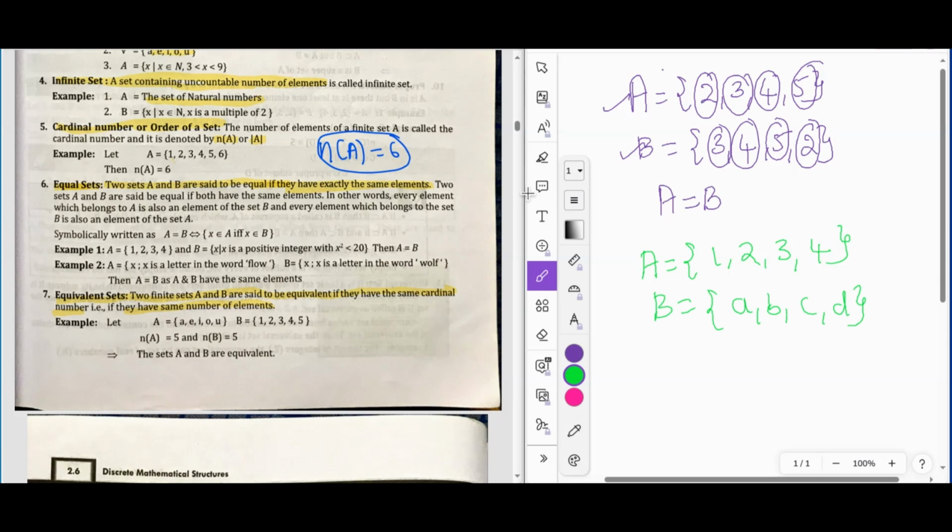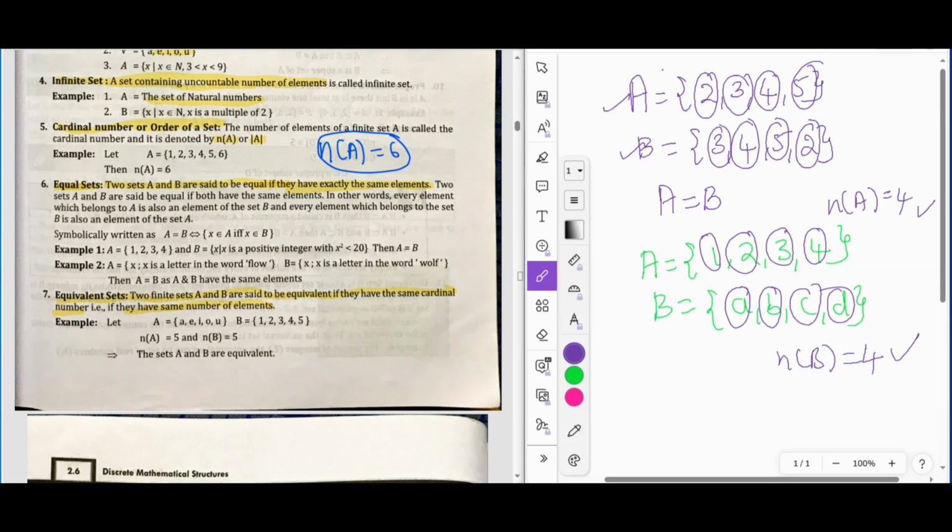So you have to count the cardinal number of these. We have 1, 2, 3, 4, so n(A) is 4, and n(B) is also 4. So the cardinal number of both sets is the same. Therefore, it is called equivalent set.